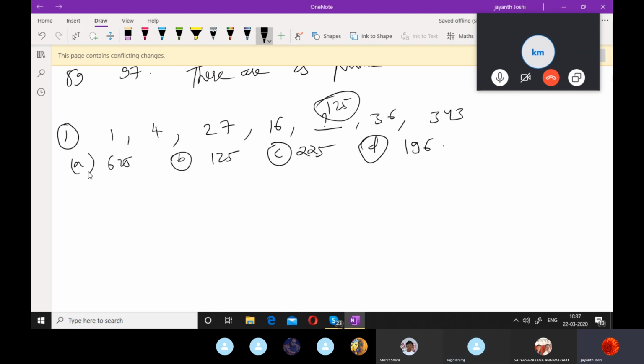And how you have done that, let us see. 1, 4, 27, 16, dash, 36, 343. We have right now seen some of the basics, and we have checked the squares and cubes of certain numbers.